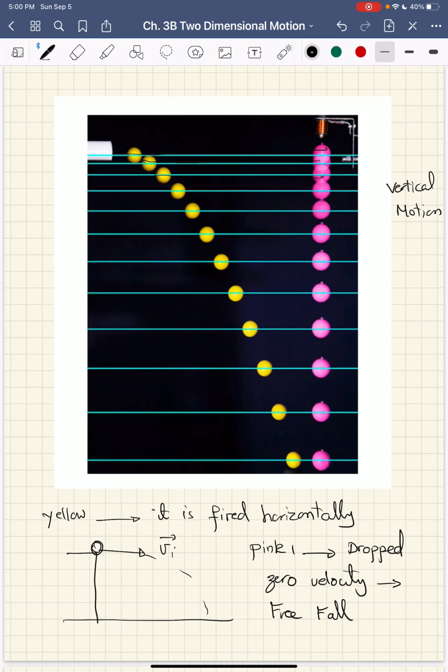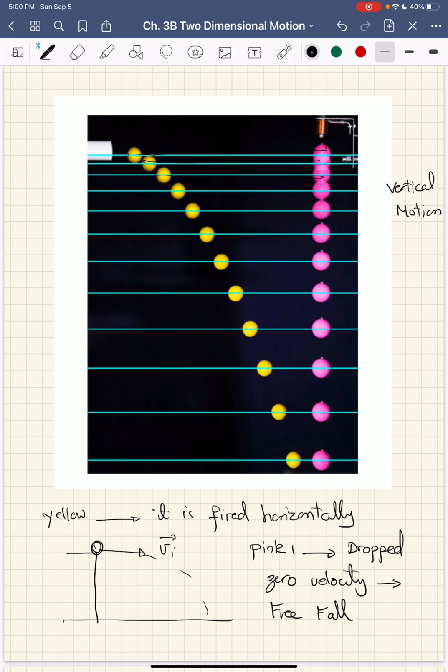You can see that if they are dropped from the same height, they are going to be arriving at the ground at the same time, because the vertical motion is the one that is making the time. And the second thing is that they really have the same vertical velocity.